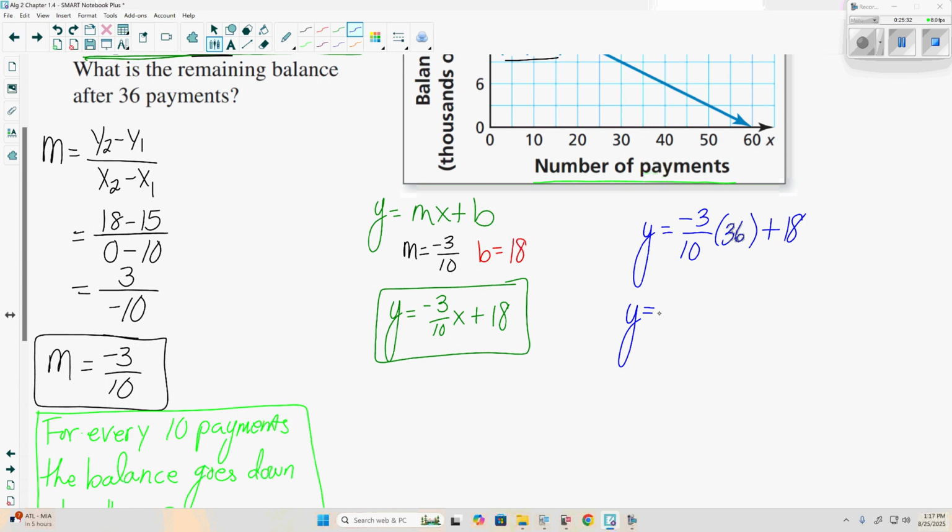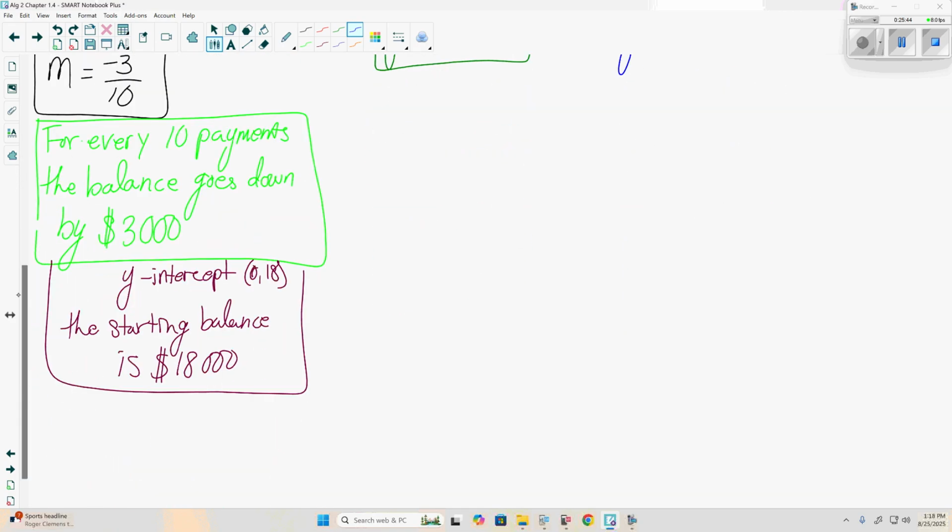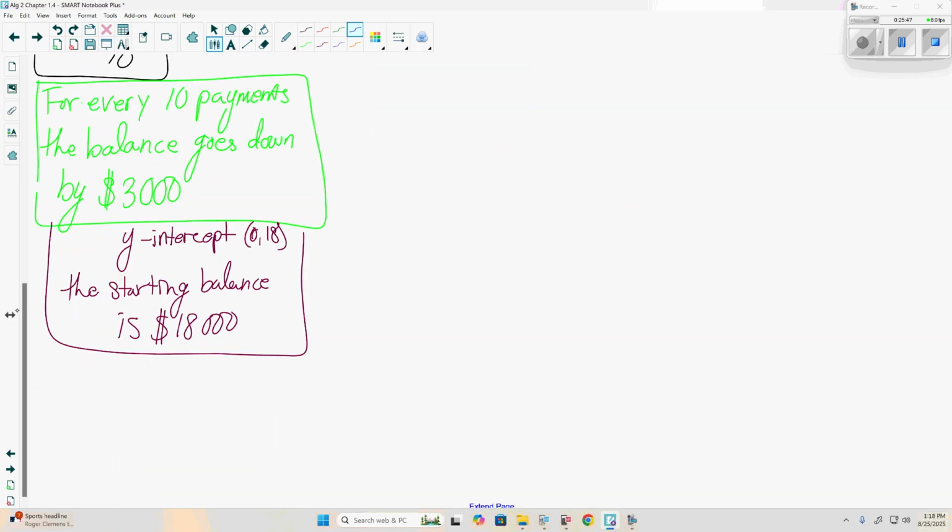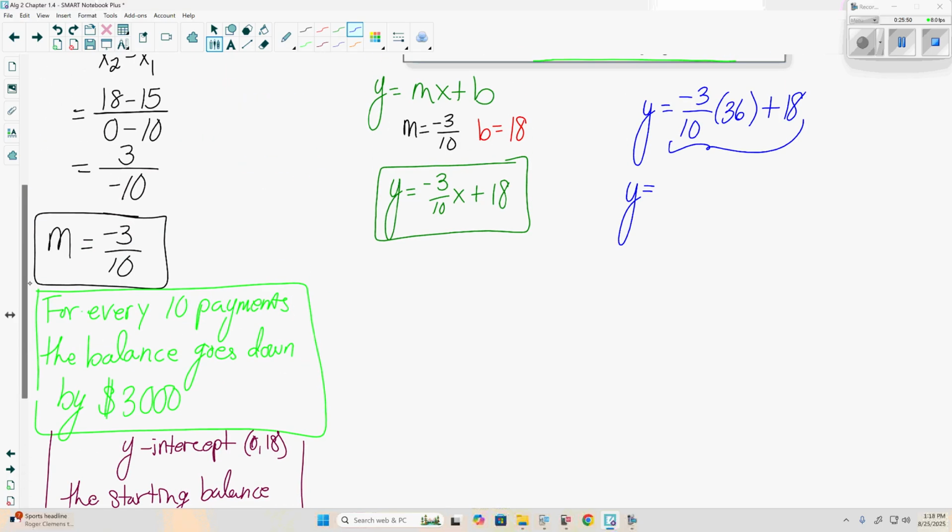Now we can multiply this out and do this by hand, and I'll do that here, but are there any variables left on this right side? Is there anything telling us we can't just take this and plug all that into the calculator? No, we can plug that entire side into the calculator and let it do it for us.